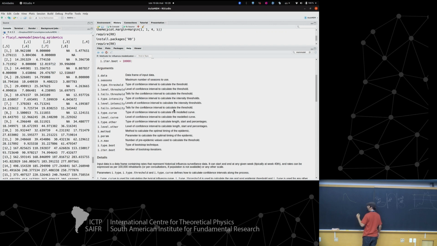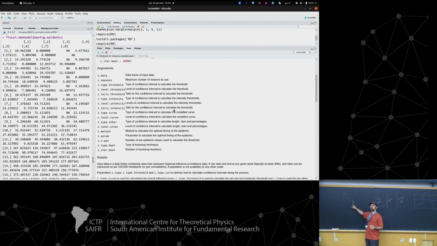And for the pre-epidemic threshold, what I want is something like that, right? Well, what is that? Is it the 95th percentile associated with this distribution? Is it the 90th? Is it the 80th?